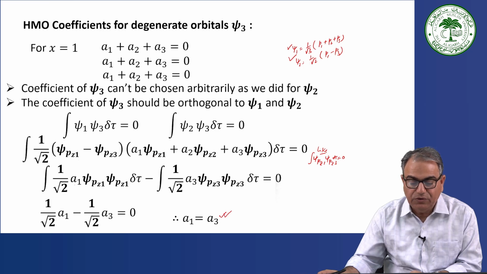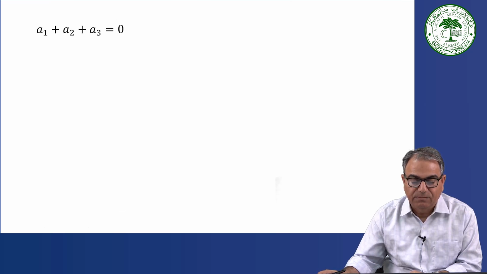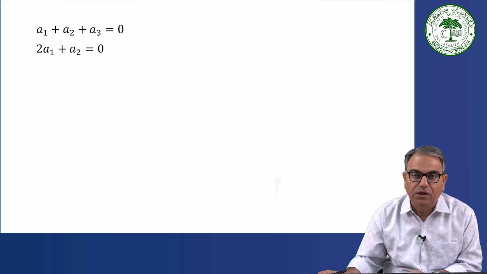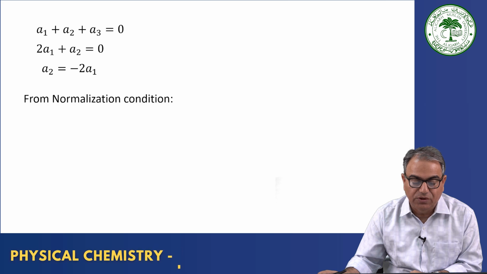Now if a1 is equal to a3, then using the orthogonality with psi 1, a1 plus a2 plus a3 is equal to 0. Since a1 and a3 are equal, 2a1 plus a2 is equal to 0, so a2 is equal to minus 2a1. From the normalization condition, a1 square plus a2 square plus a3 square is equal to 1.